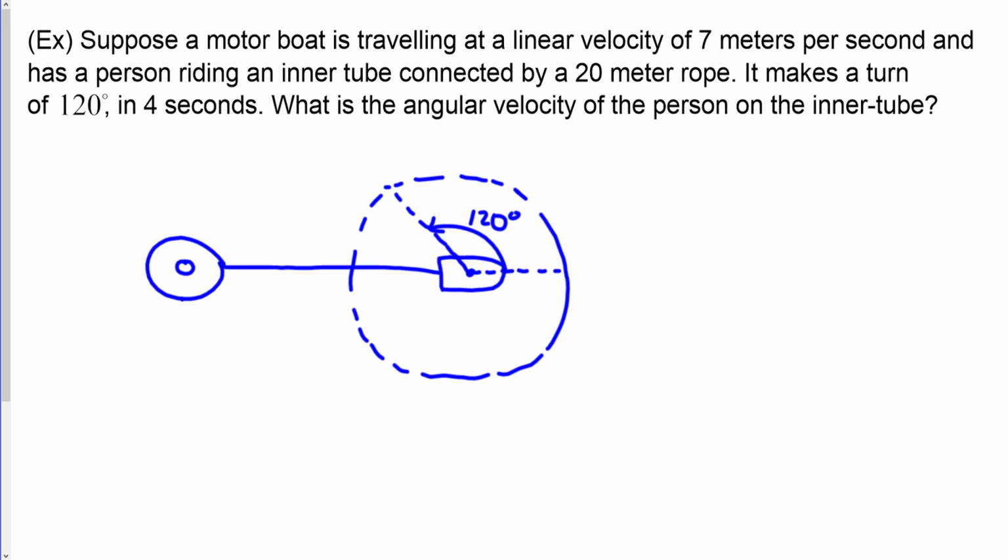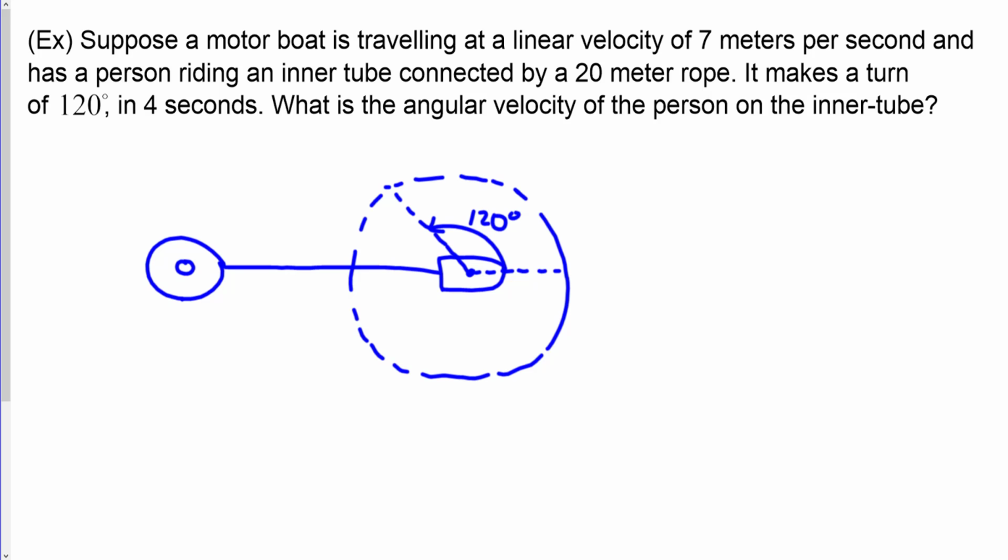what's met with a lot of applications. So what we're going to do is ignore that the boat is already traveling 7 meters per second, because that complicates the problem. It complicates it actually quite a bit. You have to use vector analysis in order to calculate the angular velocity.